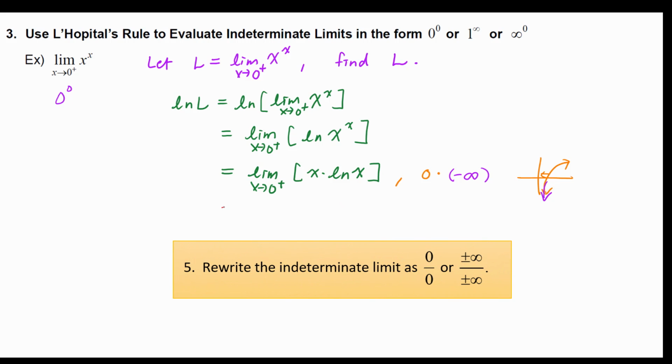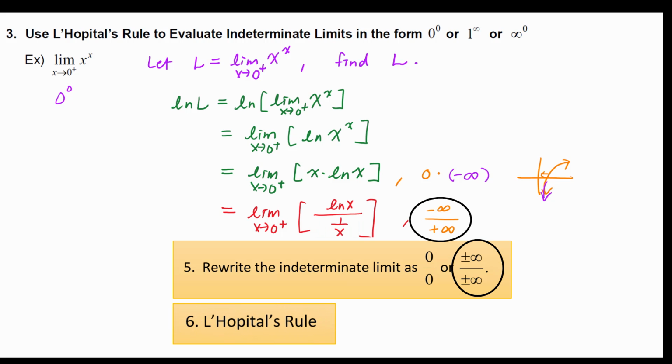So we write this as the limit as x approaches 0 from the right. Let's leave ln x on the top, but x, let's write as 1 over x. So now I have ln of 0 goes to negative infinity, over 1 over 0 from the right, which will go to positive infinity.